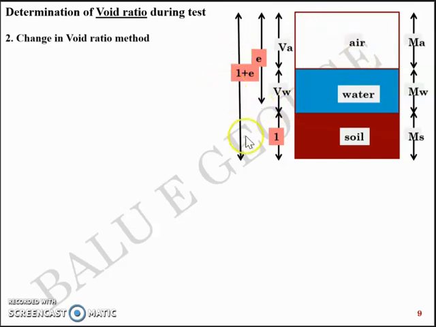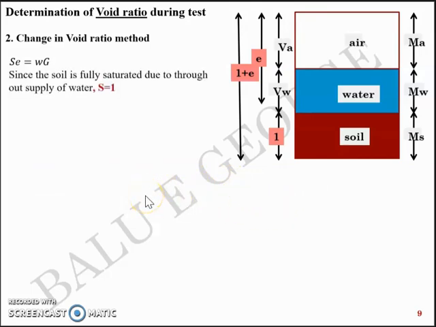This is a basic concept that we introduced in the first module to derive a few basic relations. From this we already know the basic relation Se equal to wG. But in this particular case of consolidation, the soil will always be saturated because you allow water to pass through it throughout the test.